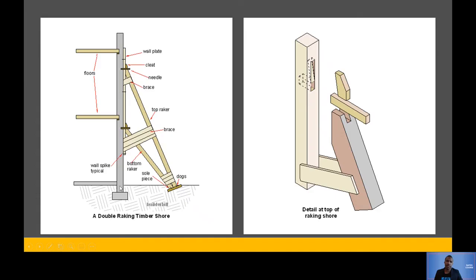This one is a double raking because it has double members of the rakes, two members, as you can see over there. Then it's got bracing and some more detail on the wall, that's the wall plate. Then you've got a cleat there and a needle, and it's just to join the wall, the plate, and the raker. Some more bracing, these diagonal members as well. So yeah, that's the detail briefly.